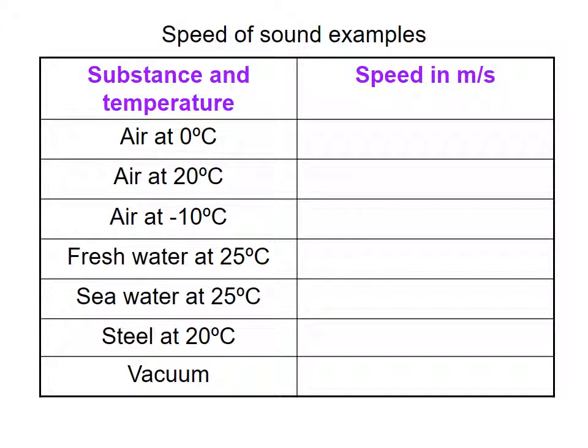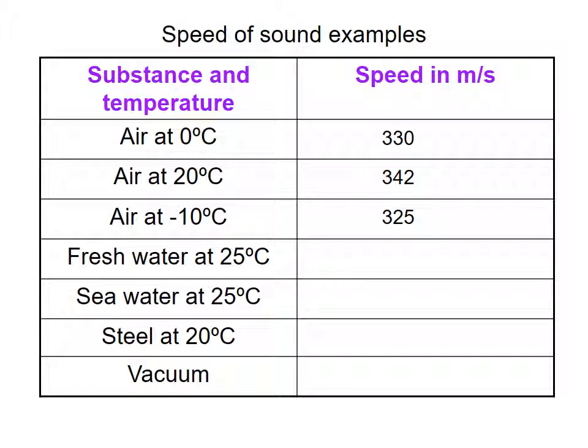So here are some speed of sound examples, by substance and temperature. The speed of sound in air at 0 degrees, say in your fridge, would be around 330. On a winter's day in Malaysia, 342. In your freezer, it's going to be 325.